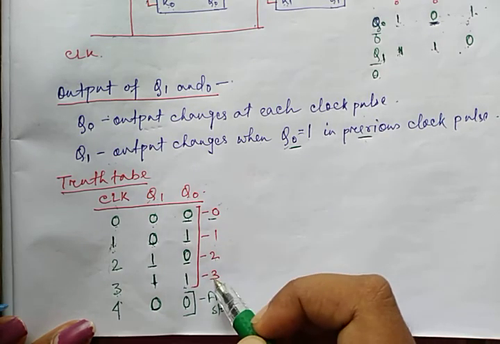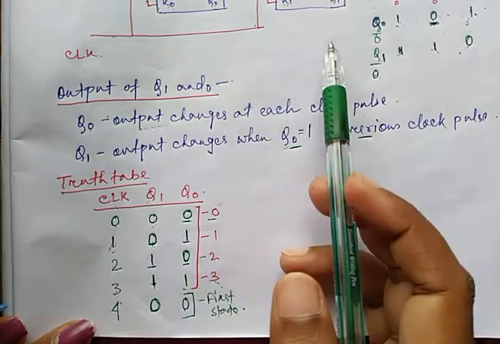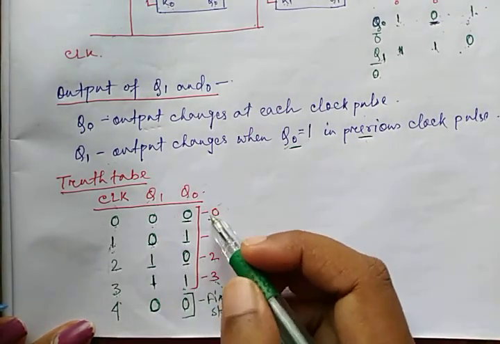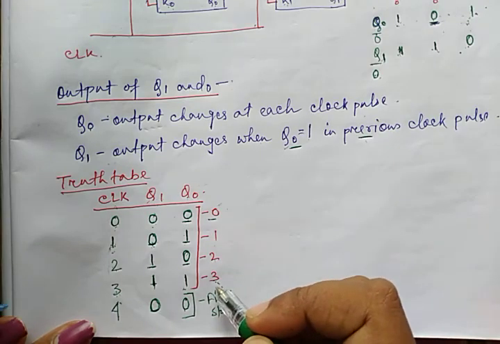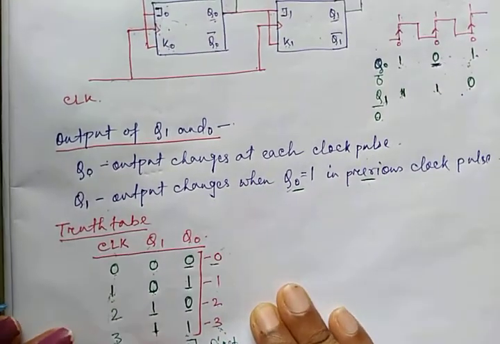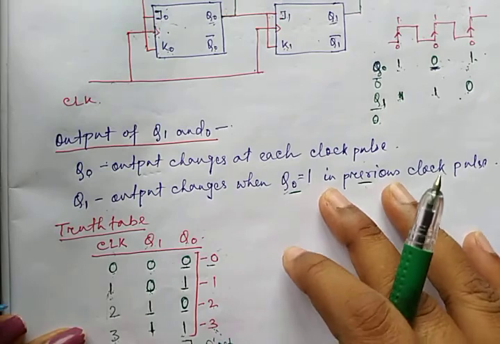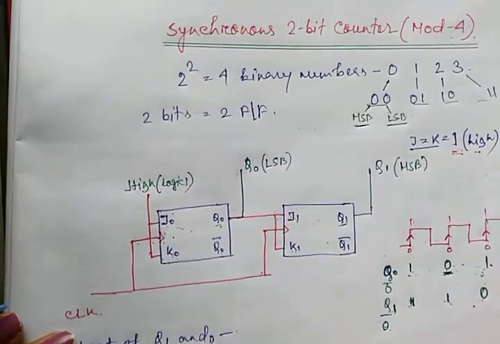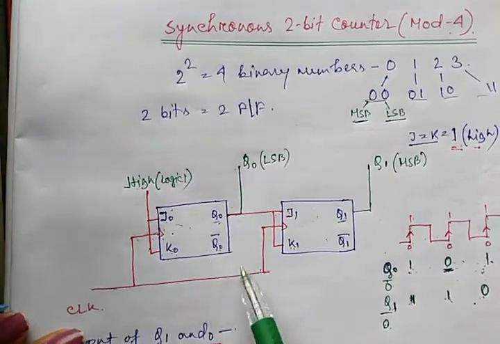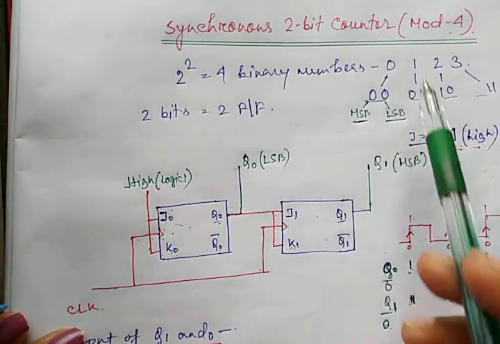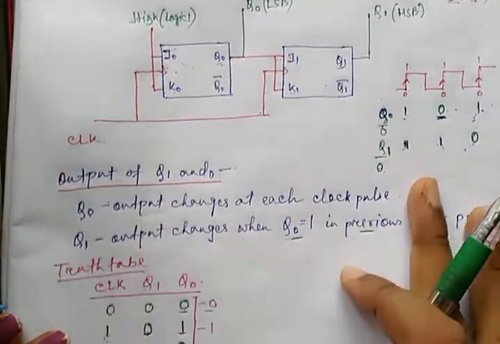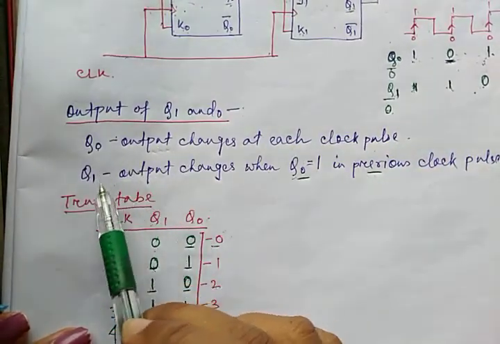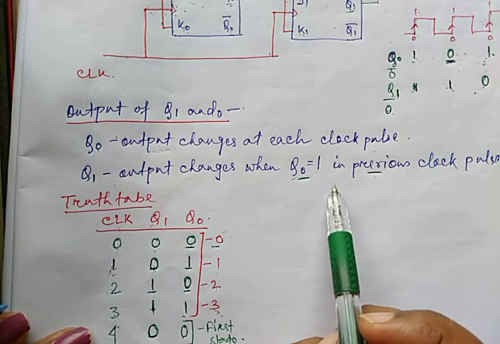After counting 3 it will again restart its counting from 0 to 3. So this is our synchronous 2-bit counter, which is also known as a mod 4 counter. This is very important, how the output values Q0 and Q1 will change.